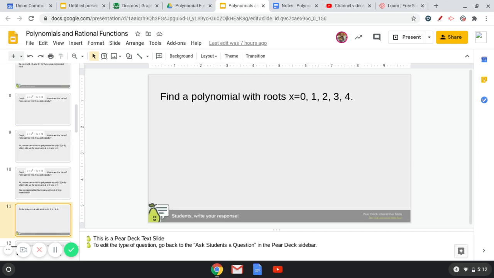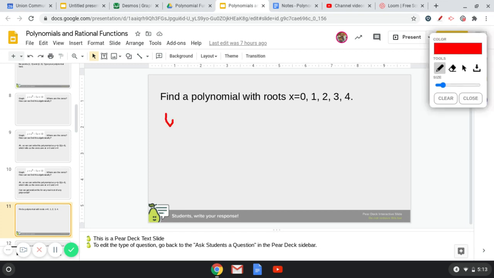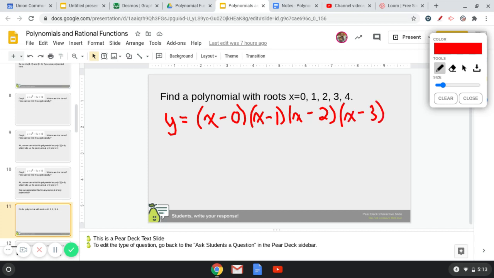Okay, so for this guy, let's find a polynomial with roots at 0, 1, 2, 3, and 4. So you might just say, well, hey, can we just write this like y equals x minus 0, which is just x, times x minus 1, x minus 2, x minus 3, x minus 4?